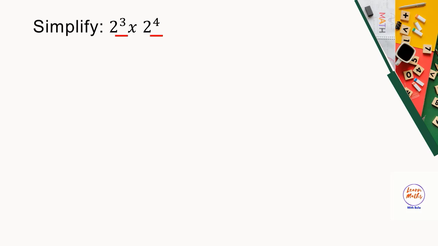The two of them have the base number 2. So the multiplication law says a raised to power m times a raised to power n is equal to a raised to power m plus n. And from my equation, a is 2, m is 3, and n is 4.